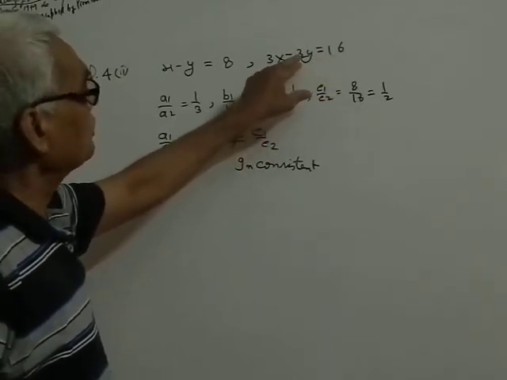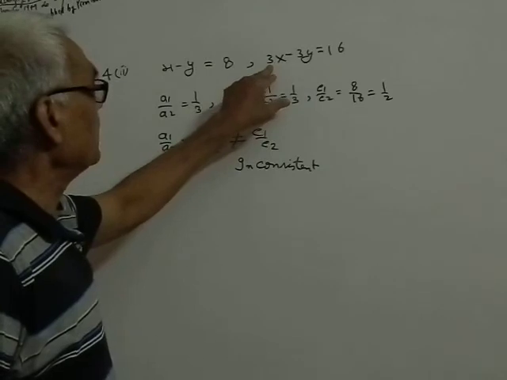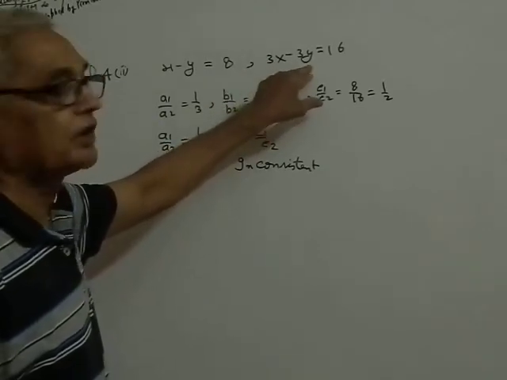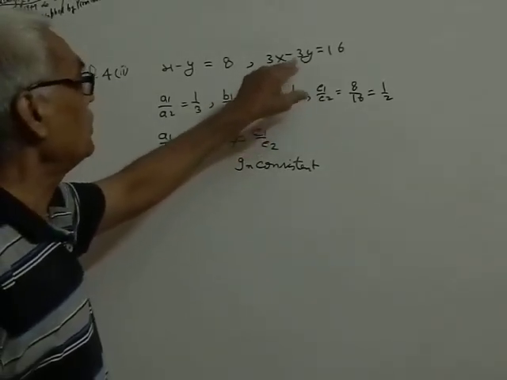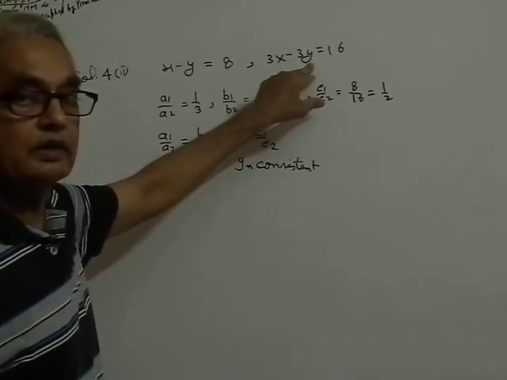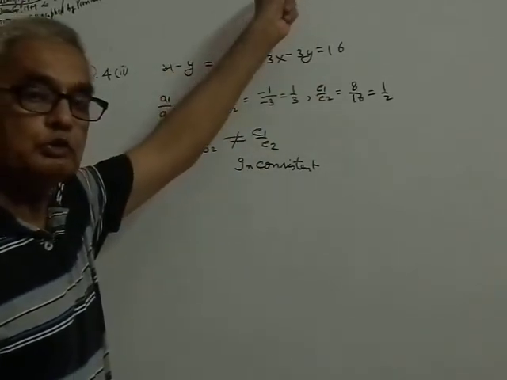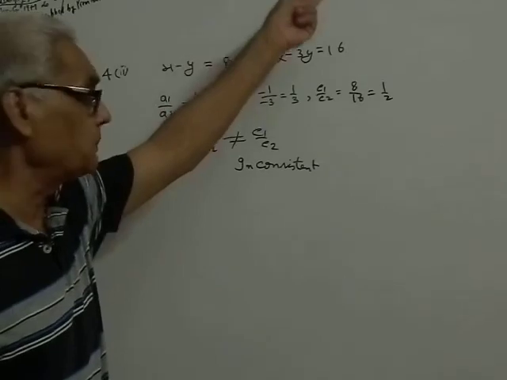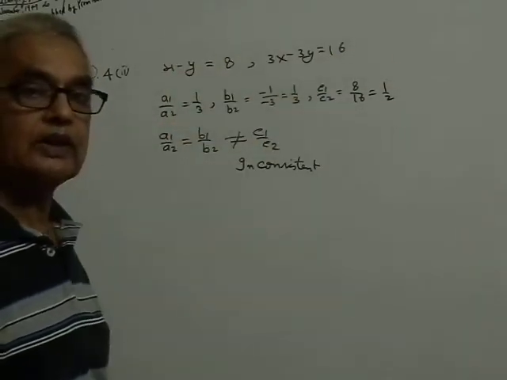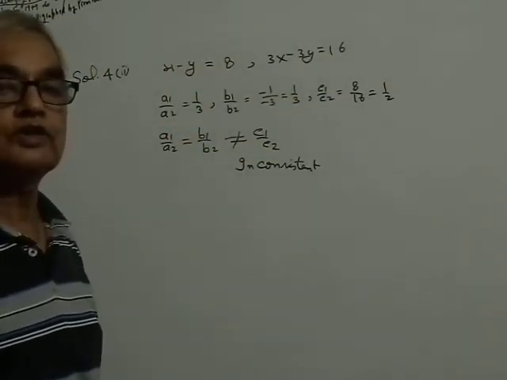So y will be equal to (3x minus 16) divided by 3. For different values, find the value of y. Plot two or three points and you will get a straight line.